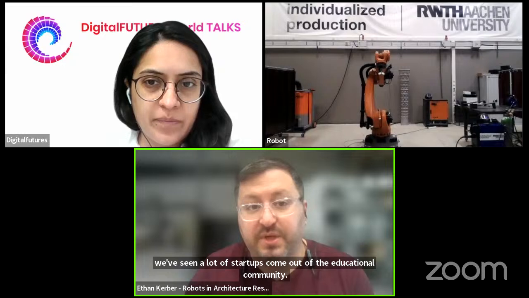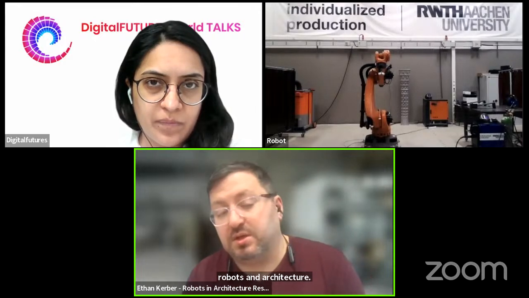So many so that we've built a whole commercial side of Robots in Architecture Research. I have the honor of working with Dr. Sven Stumm, our co-CEO and CTO, who's the lead developer of KUKA-CRC and has made it possible for me to collaborate all around the world with people like you and robots.